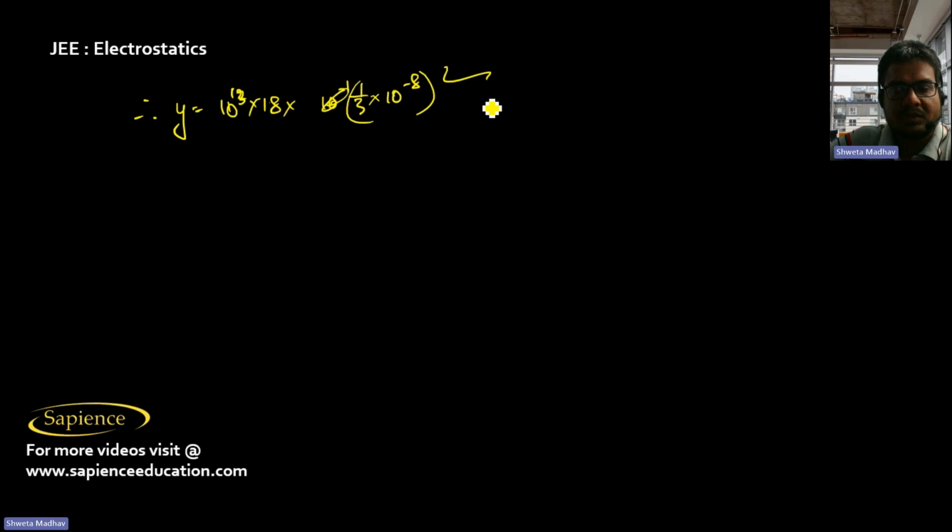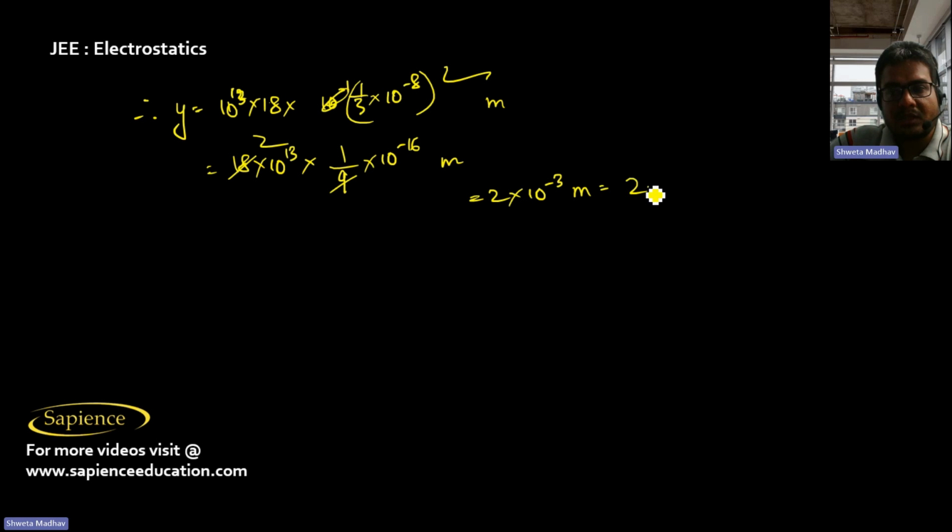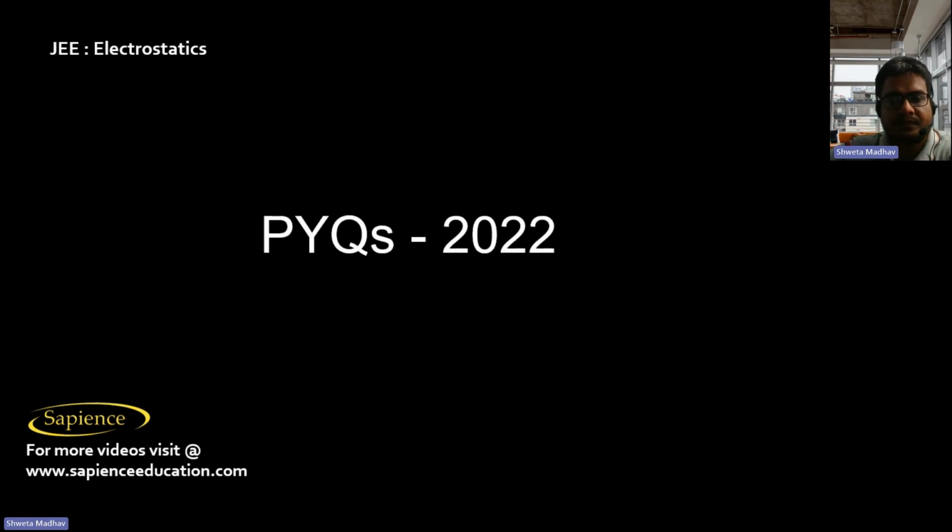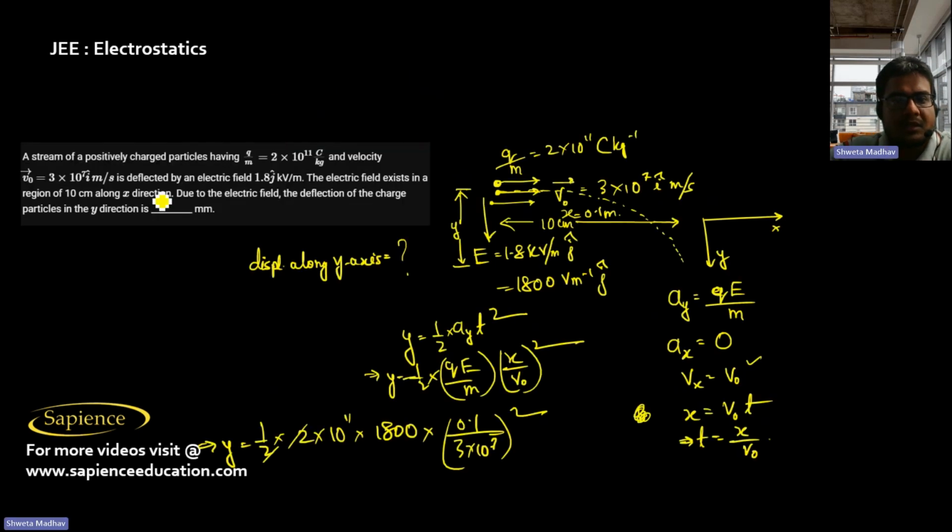So this much meter it will come. So this will be 18 into 10 power 13 into 1 by 9 into 10 power minus 16 meter. So 9 into 18, it is 2 into 10 power minus 3 meter, or I can say 2 millimeter. So 2 millimeter is the deflection of the charged particles in the y direction.